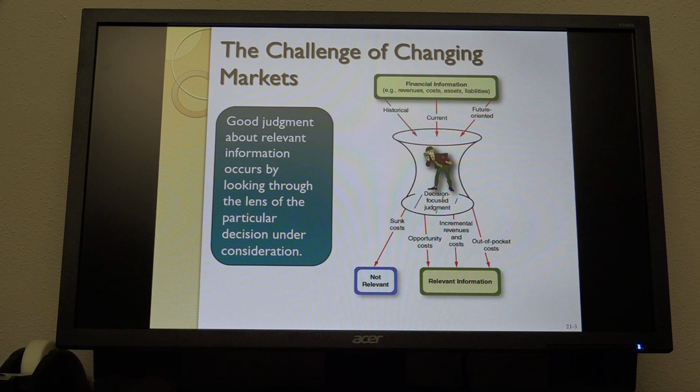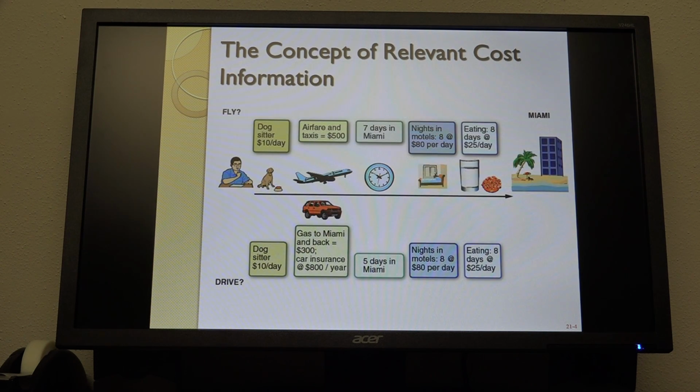Okay, so if you don't quite get that yet, we're going to hit this pretty good. But just keep that in mind. Sunk costs are not relevant.